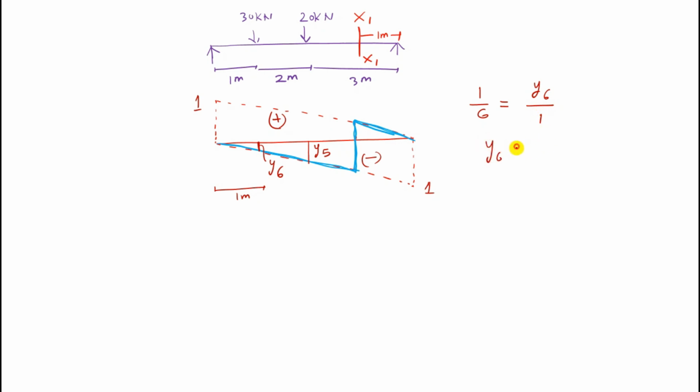So y6 equals 1 by 6 and this distance is 3 meter. So we can write 1 by 6 equals y5 by 3. So y5 equals 3 by 6, that is half.